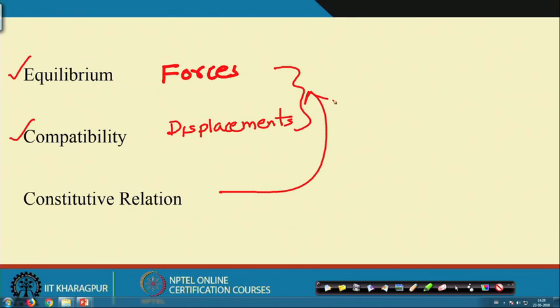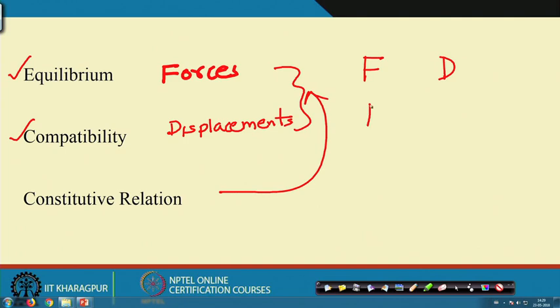Constitutive relation essentially tells us that if we have a force and a displacement, how these two are related to each other. Based on how this relation is expressed, there are two ways we can express it: one is the flexibility definition and another one is the stiffness definition.